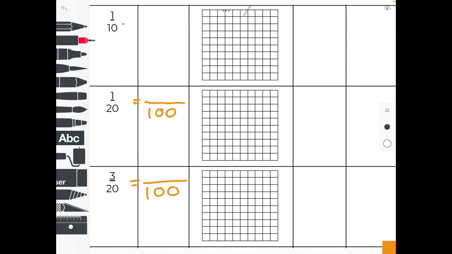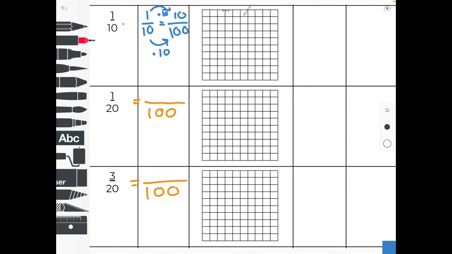So this 1/10 up at the top can just stay as 1/10, or you can turn that 10 into 100 if you want, with a 10 times 10 is 100, and then 1 times 10 is 10. So we're using this idea of equivalent fractions from 4th and 5th grade to turn these fractions into decimals.